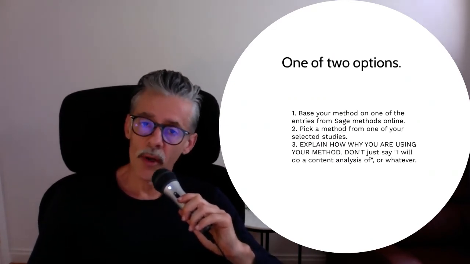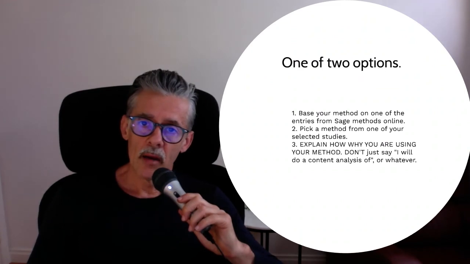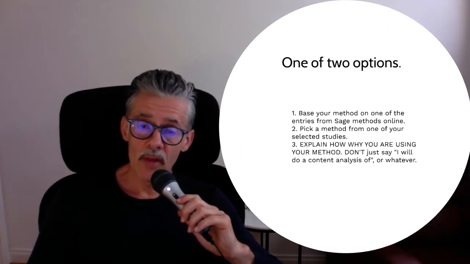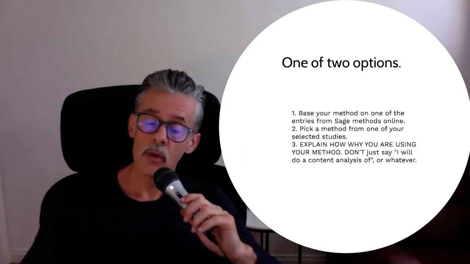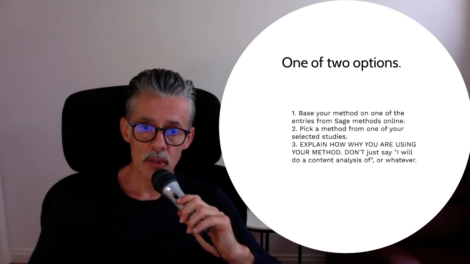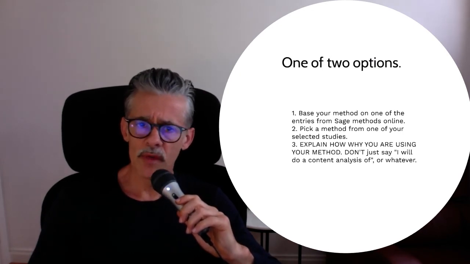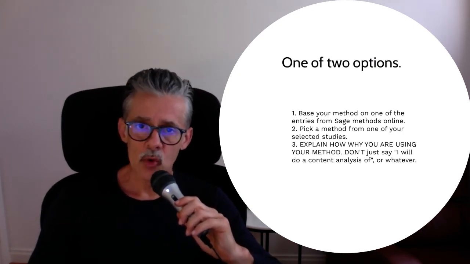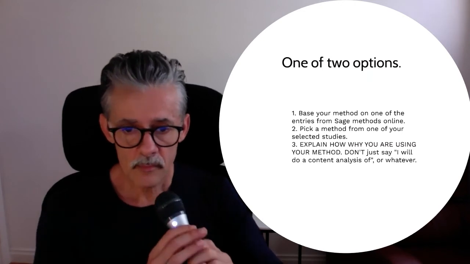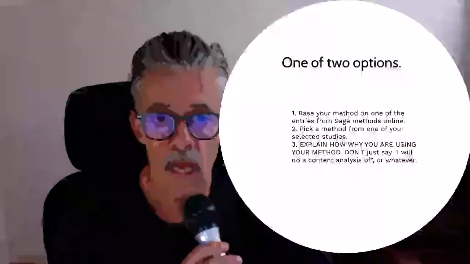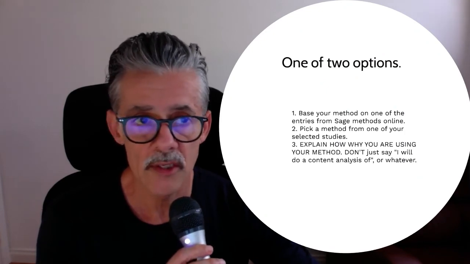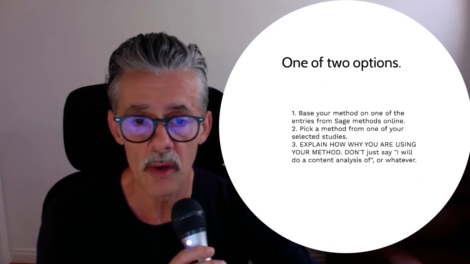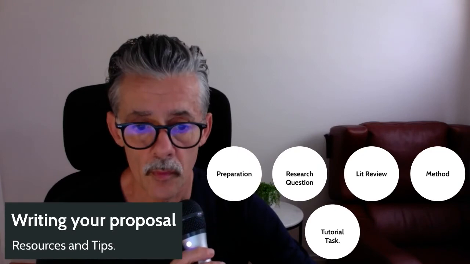That's actually quite a common way that people go about methods, and it makes a lot of sense because you're saying I'm using this method because it's been proven to be a valuable method. So that's something you can do. But again, the important thing is explain your method, and that's basically what you have to do in each section of the assignment.